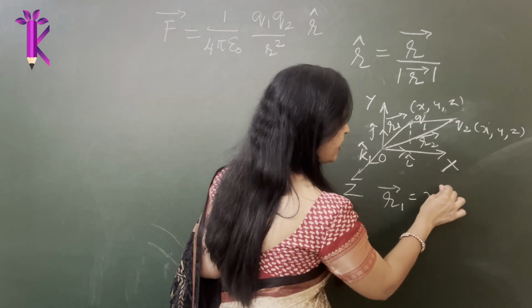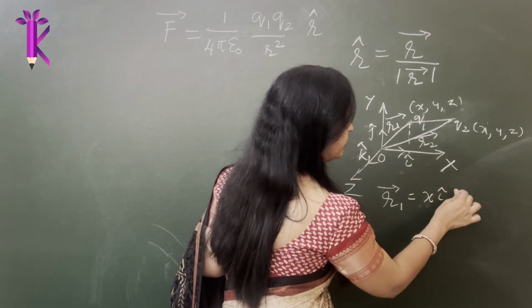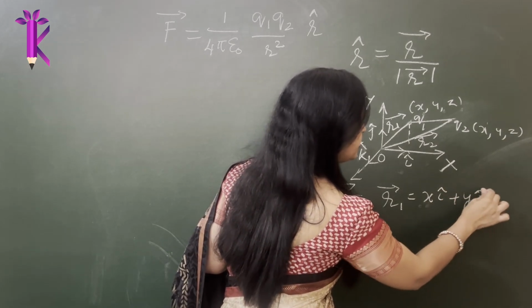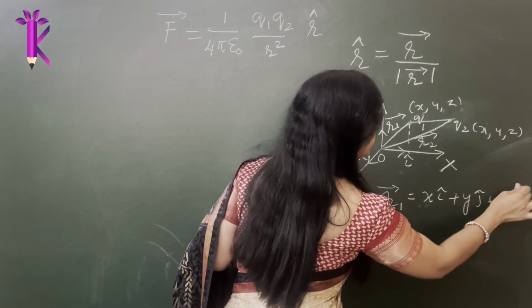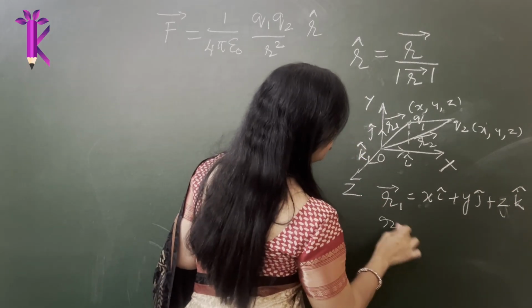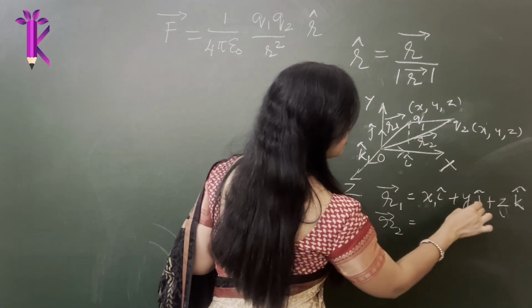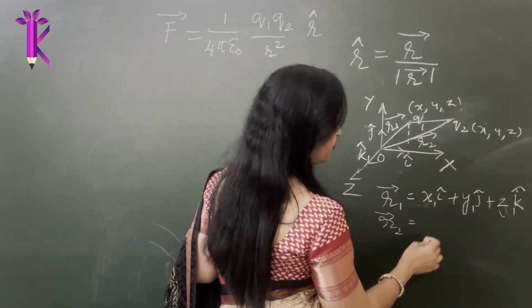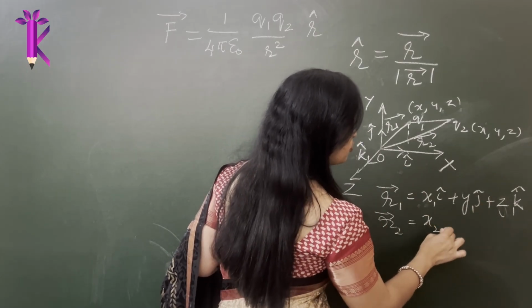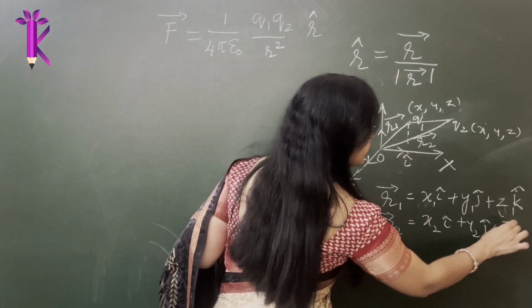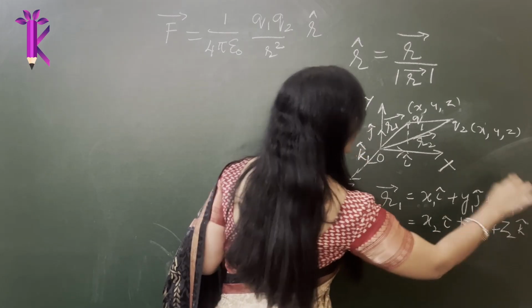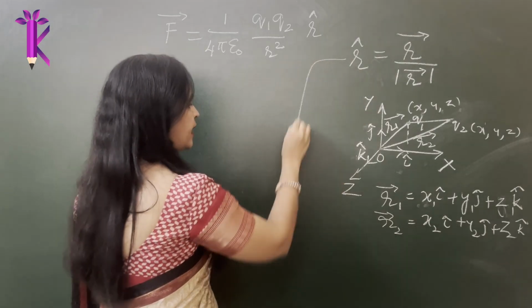So the value of x into its unit vector plus the value of y into its unit vector plus the value of z into its unit vector. Similarly, vector r2, you can call x2, y2 and z2 because they are different values, will be x2 i cap plus y2 j cap plus z2 k cap, right? So this is how you write a vector.